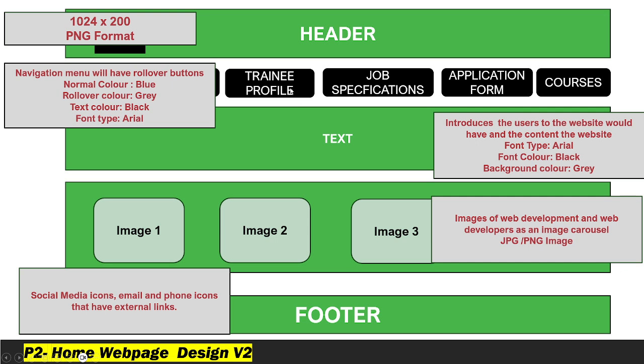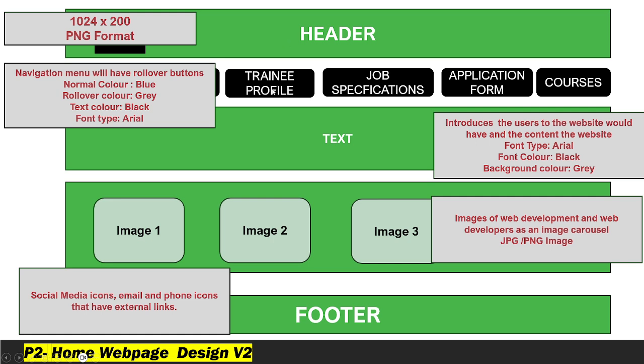So rollover buttons are buttons that when I put my cursor around the navigation menu, it actually changes its color to show you that it's responsive, to show you that it's dynamic. So we have the normal color will be black, then when I put my mouse over it, the rollover color will be gray. The text color will be black, and the font type will be Arial.